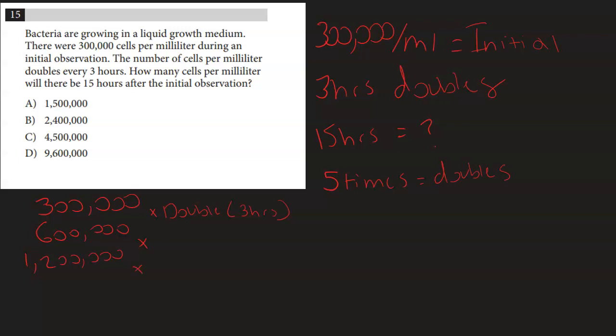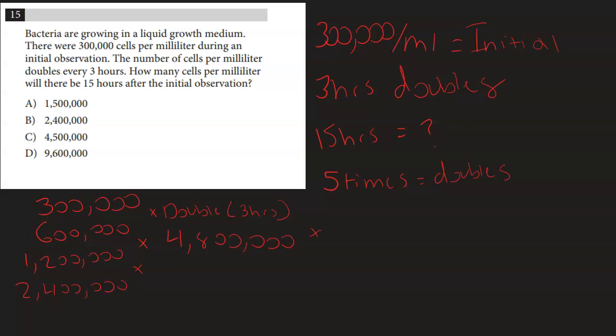It's going to do it again for 2.4 million. And it's going to do it again for that 4.8 million. And so that's 1, 2, 3, 4 doubles, or 3, 6, 9, 12 hours.